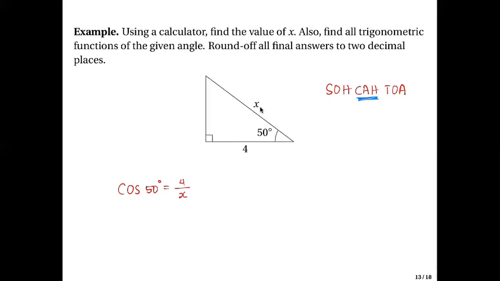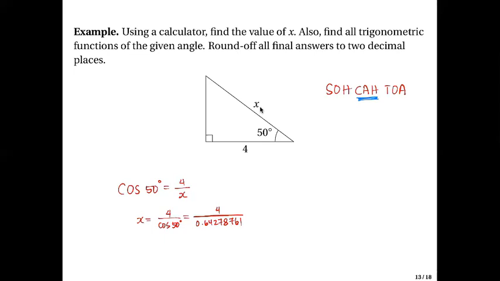Or your x is equal to 4 divided by cosine 50 degrees. So if we calculate cosine 50 degrees, we will have 0.64278761. And then the numerator is still 4.